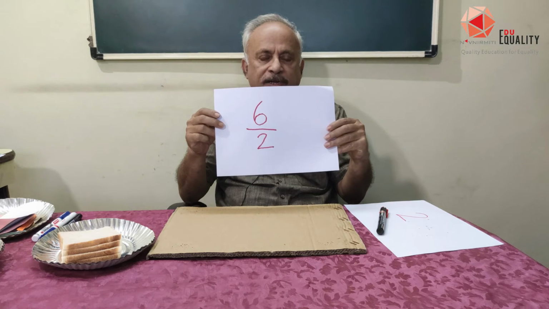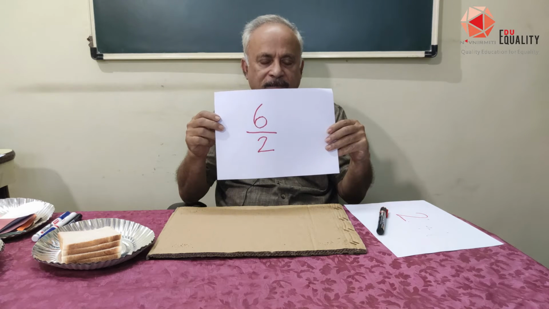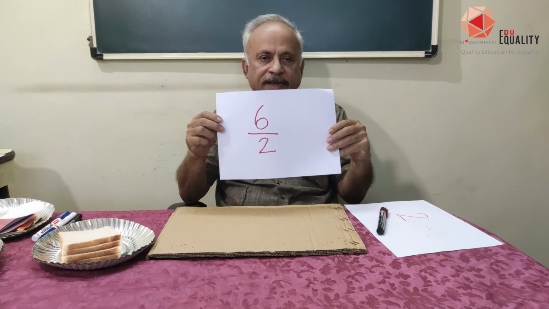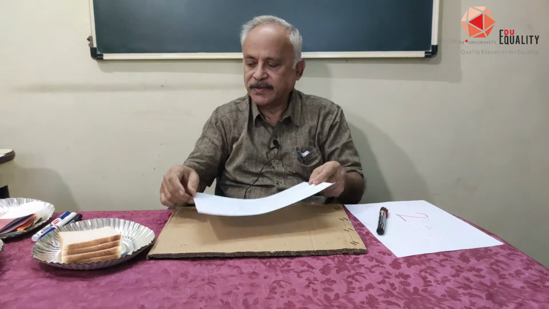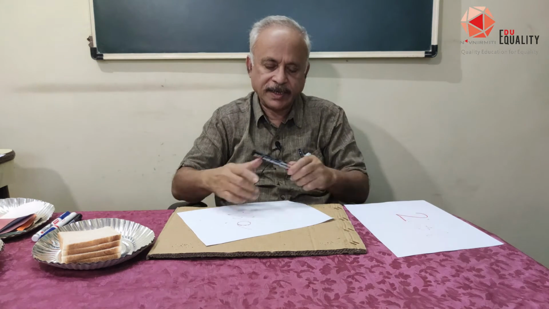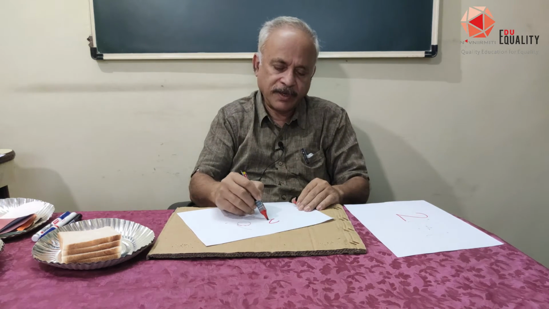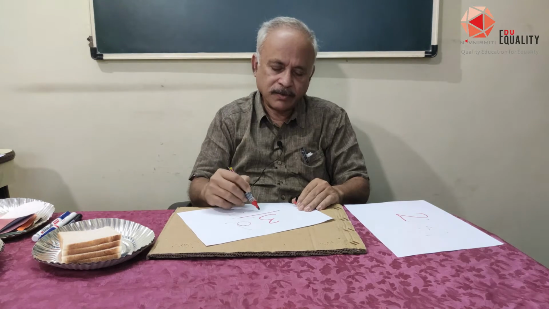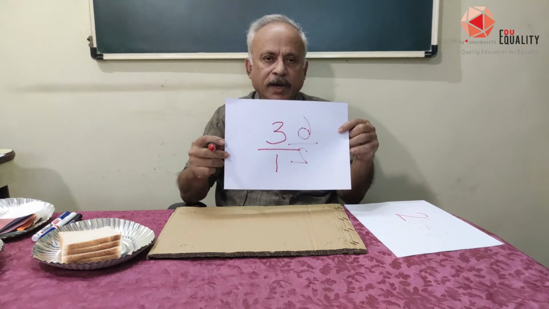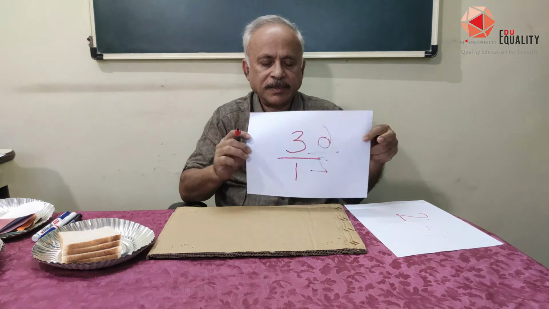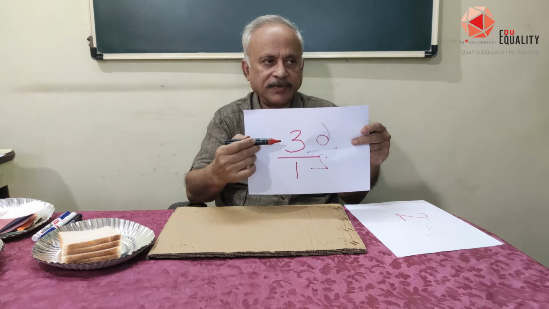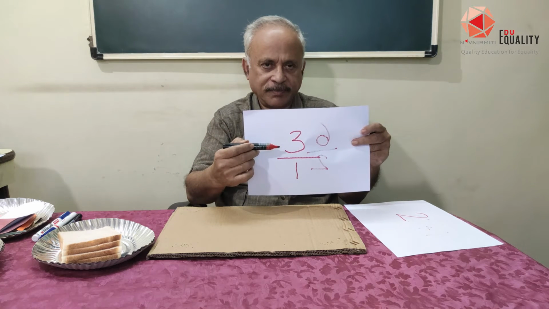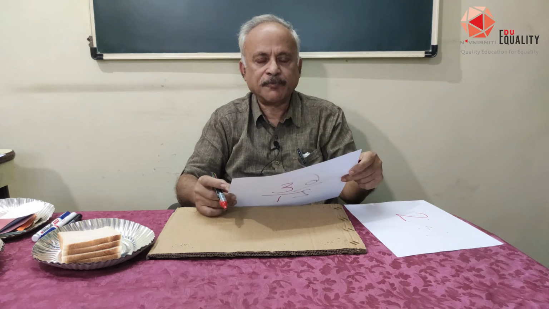And how much does each one get? 3. 3. So we can write that like this, that each one gets 3, but I've written it as 3 by 1, which means that one person gets 3. Okay, so we have done a problem in division.